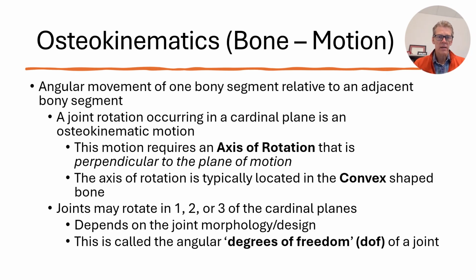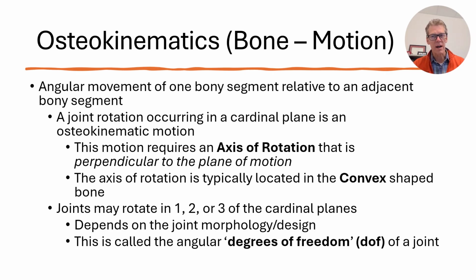Osteokinematics. Osteo is bone, kinematics is motion. So when we use the term osteokinematics, we're talking about a single segment, like the arm or the humerus, that is moving in a plane. We like to think about that moving segment relative to a fixed segment to simplify it.